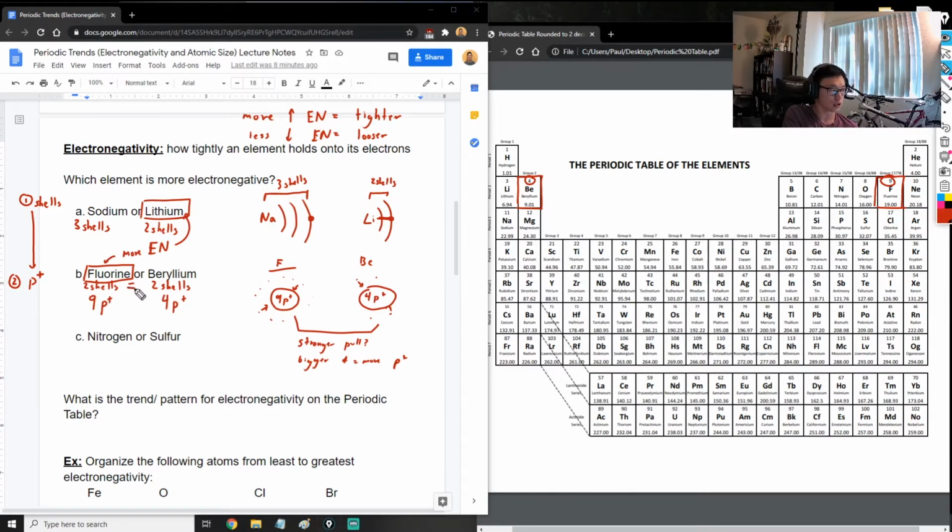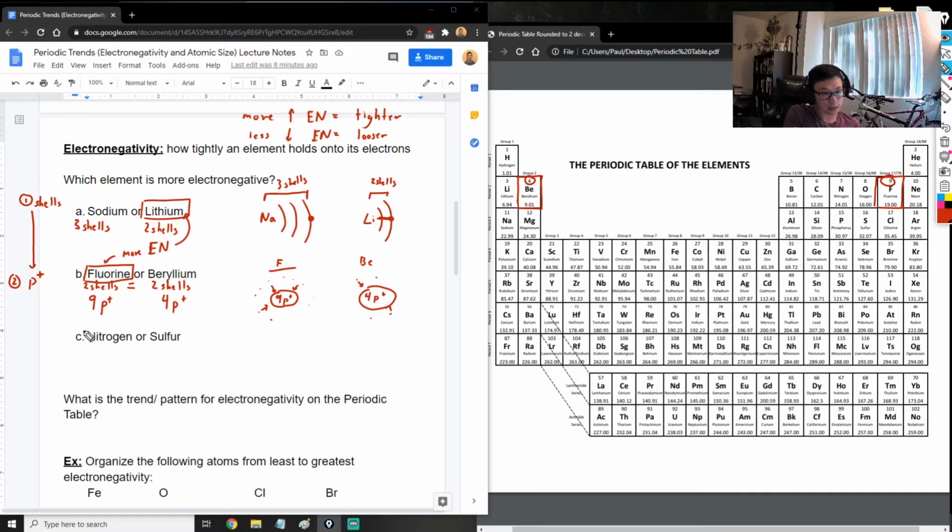Since the shells are the same, we look at the one with more protons. So since fluorine has more protons than beryllium when they have the same number of shells, fluorine is going to be able to pull the electrons in more tightly because it has a stronger pull in the middle.